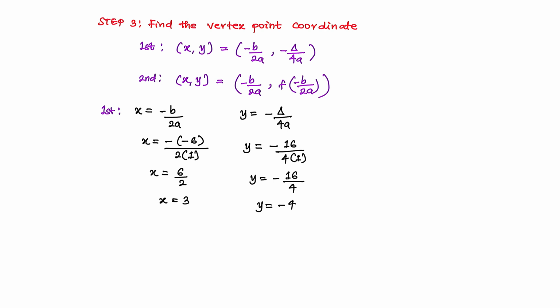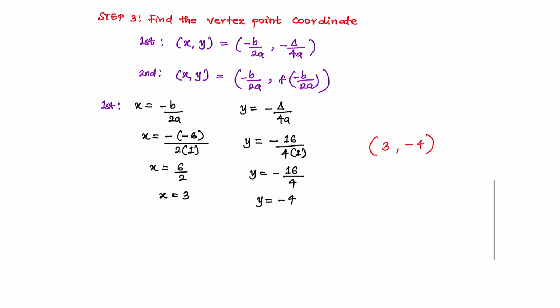This means the vertex coordinate point is 3, minus 4. If we are to use the second way, x is still minus b over 2a. So if we calculate x equals minus b over 2a, we will get 3. That's the same thing as the first way.